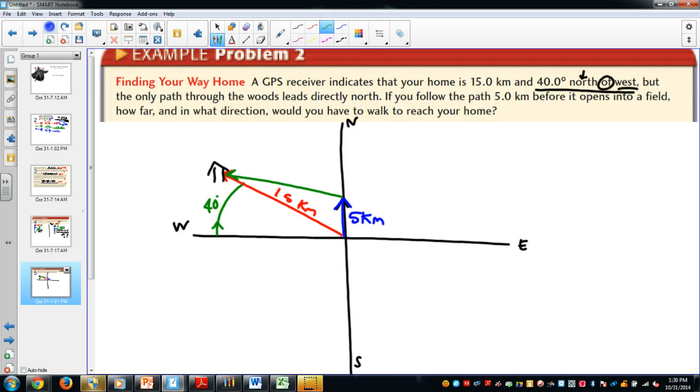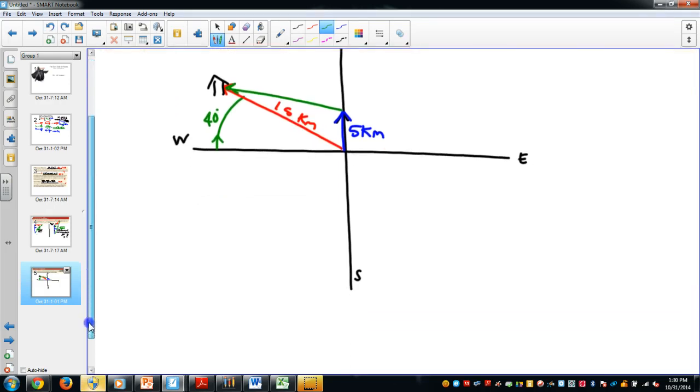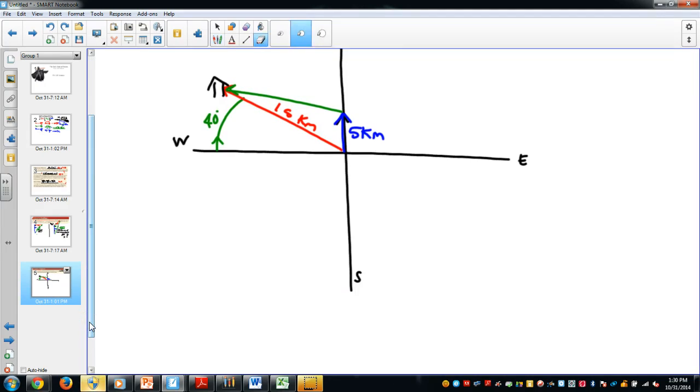So there's a couple ways I can see to do this problem. Way number 1, and that's what I'm going to do, I'm going to break this down into 2 different ways. Way number 1, I think I could probably use the law of sines maybe, or the law of cosines.